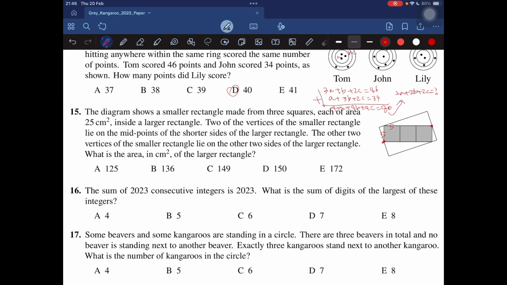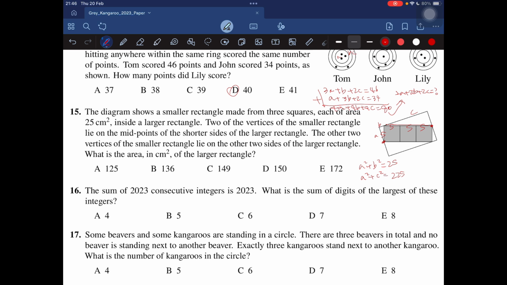What is the area of the larger rectangle? Okay, so 5, 5, 5. Let's say here A, B, C. A squared plus B squared becomes 25. A squared plus C squared becomes 225.